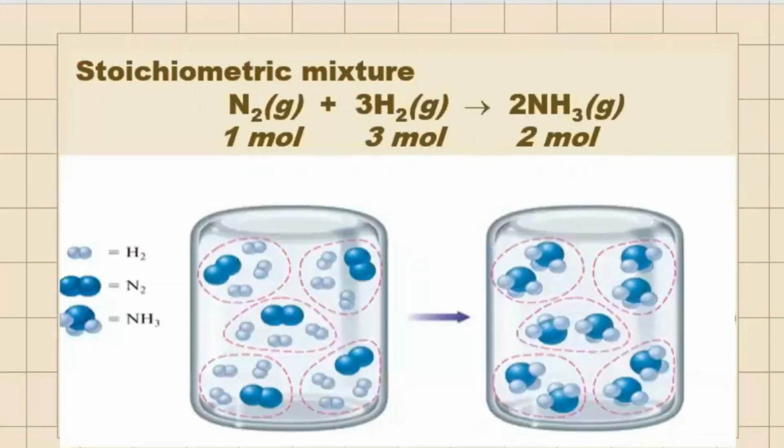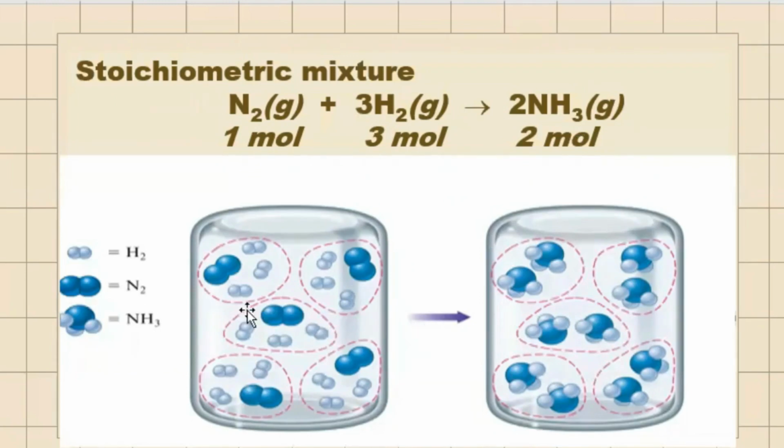For example, this is the stoichiometric mixture or stoichiometric proportion, the reaction between nitrogen and hydrogen gas to produce ammonia in the Haber process. Stoichiometrically, 1 mole of nitrogen is combined with 3 moles of hydrogen to produce 2 moles of NH3.